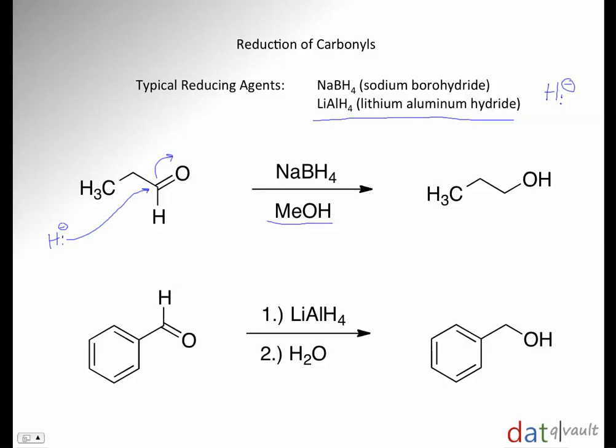Lithium aluminum hydride also works as a fantastic reducing agent for aldehydes, and it works in the same manner. It's just a stronger reducing agent. So lithium aluminum hydride will probably be overkill for reducing aldehydes to the corresponding alcohol, but it works in the same manner.